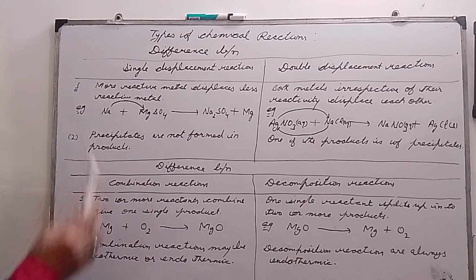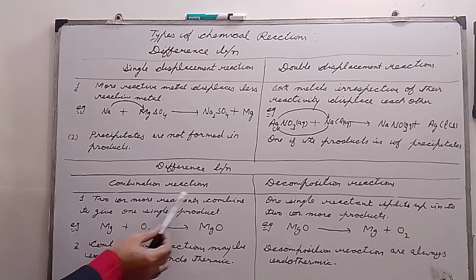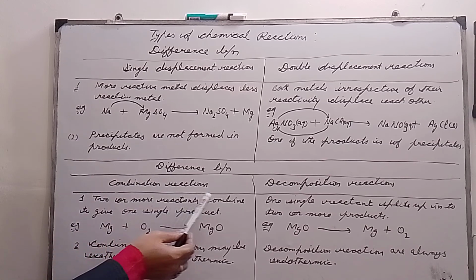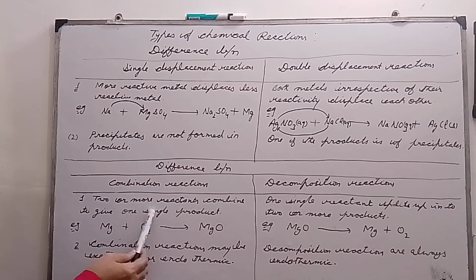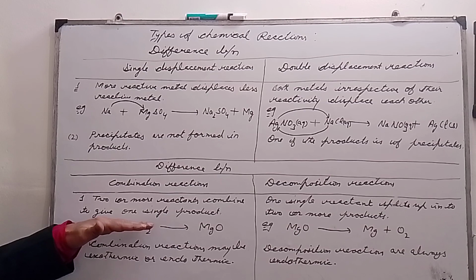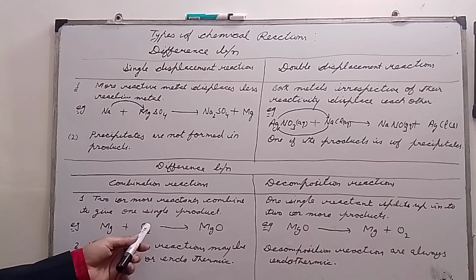In combination reactions, two or more reactants combine to give one single product. For example, magnesium plus oxygen. We have two reactants, magnesium and oxygen, and they combine to form magnesium oxide, which is a single product. So this is an example of a combination reaction.